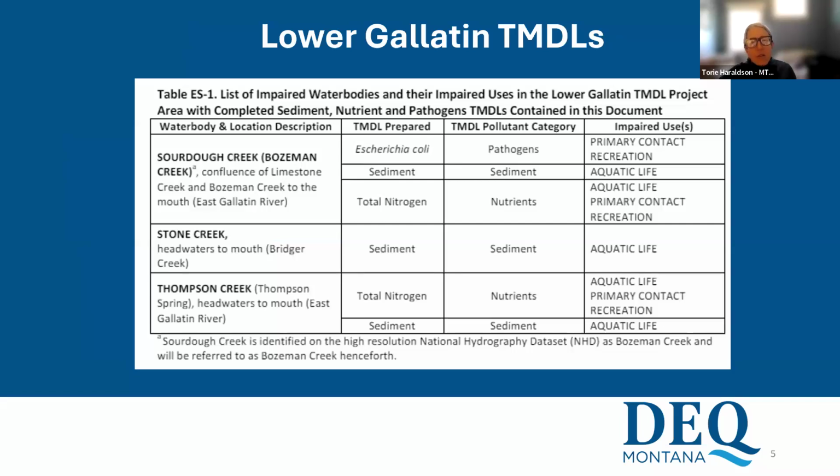And then this is just a screenshot of part of the summary table from the TMDL plan document that can just give you a sense of how the individual TMDLs that were developed align with the impairments of the most sensitive impaired beneficial uses, and that's mainly aquatic life and contact recreation.